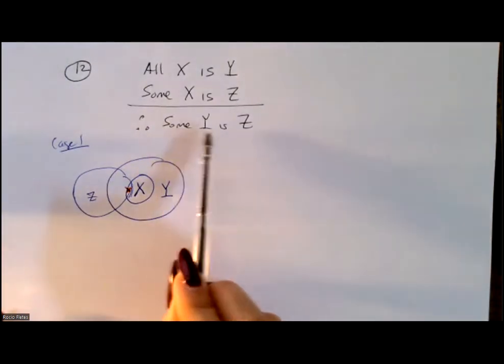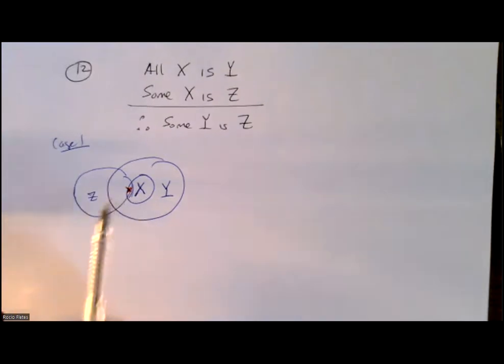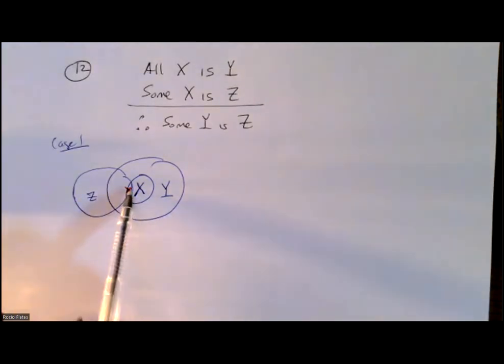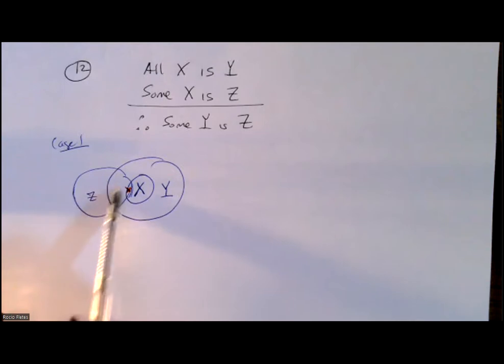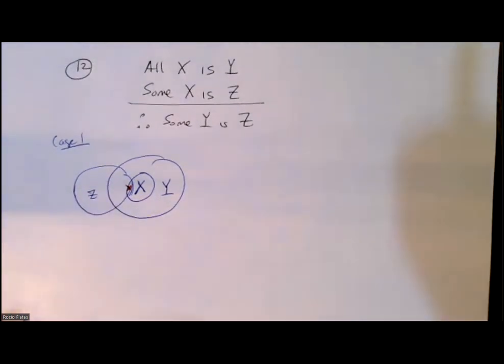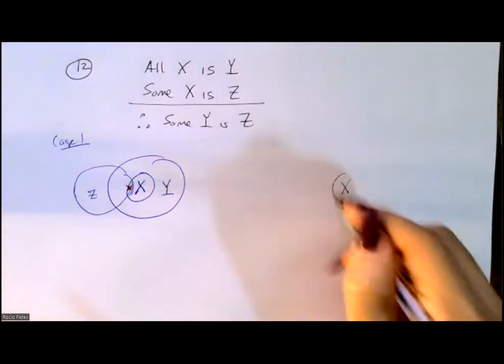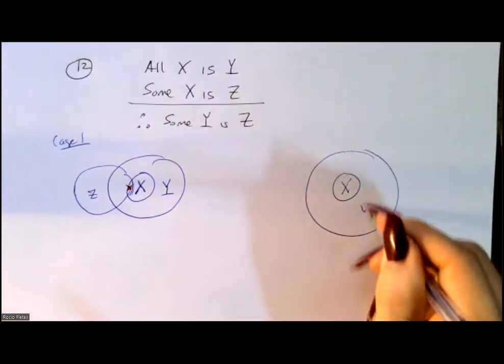So let's see. Some Y is Z. Yeah, some Y has to be Z. Notice there's the overlap. So some Y right here, some Y are in Z. So there's an overlap between Z and Y. So this is valid. Do you see why? Maybe I should make it a little bit bigger so you can see. So what I had was we know all X is Y, so all the X's are there.